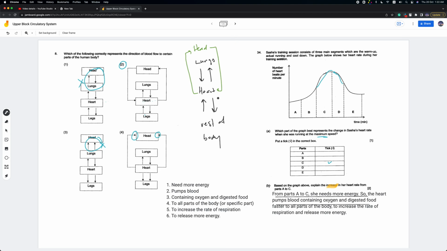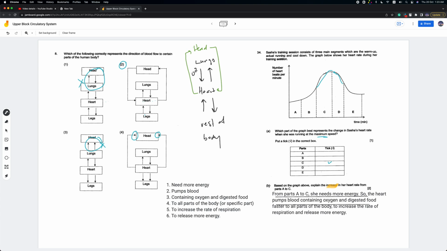Now, so going back to this part here, whenever the blood flows out of the lungs and it has not passed any part of the body, it is rich in oxygen.